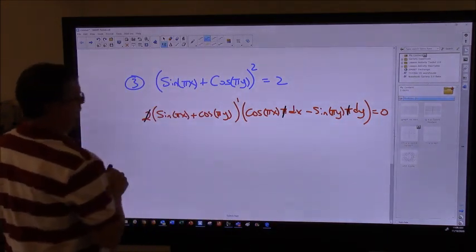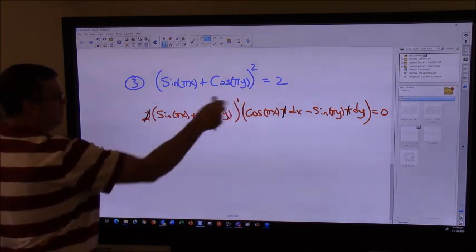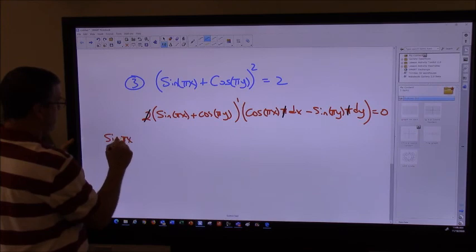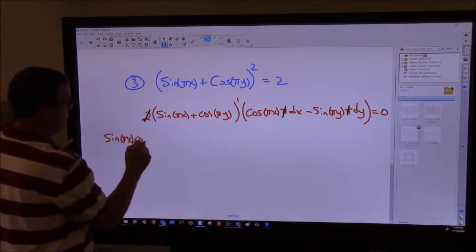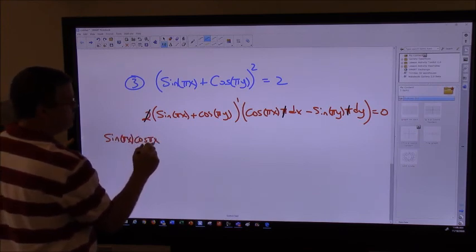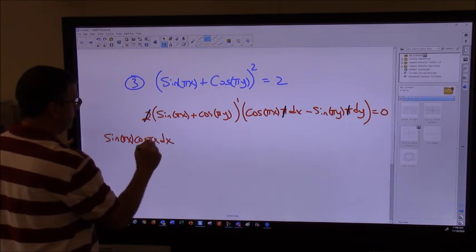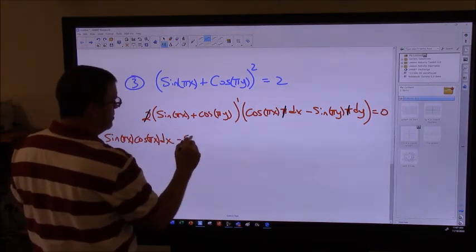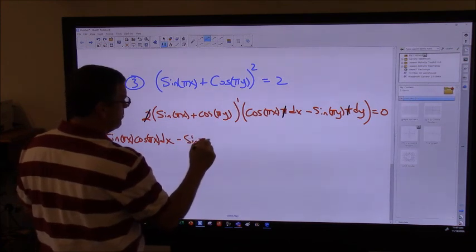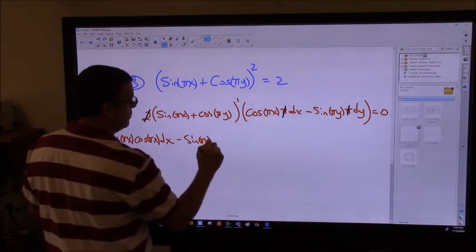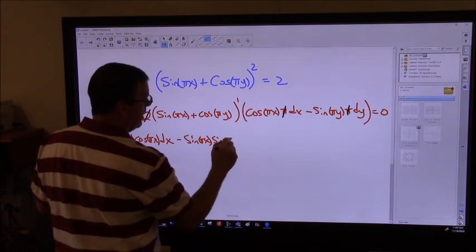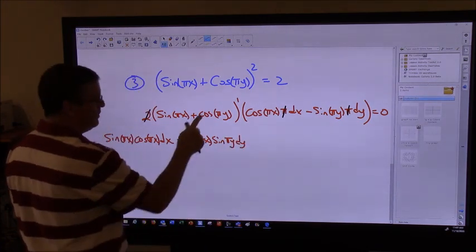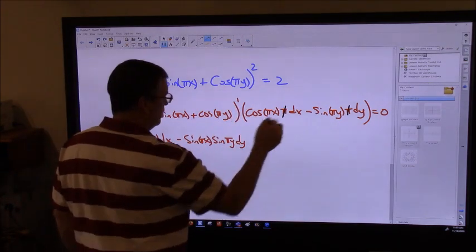So sine of pi x times each of those, I get sine pi x cosine pi x dx minus sine pi x sine pi y dy. And now I'll take a cosine times each of these.